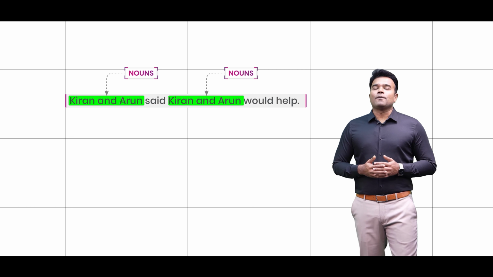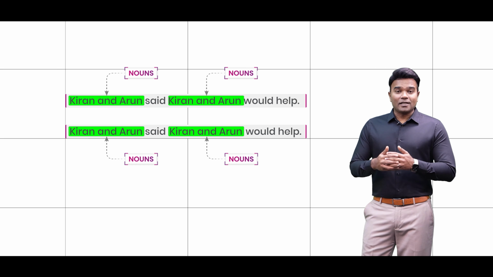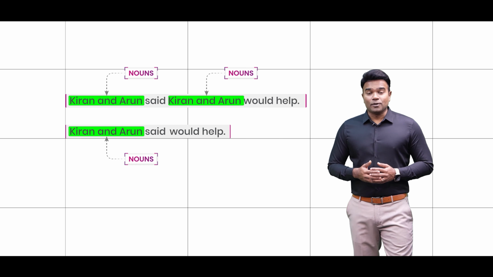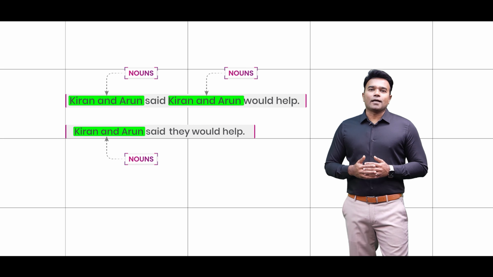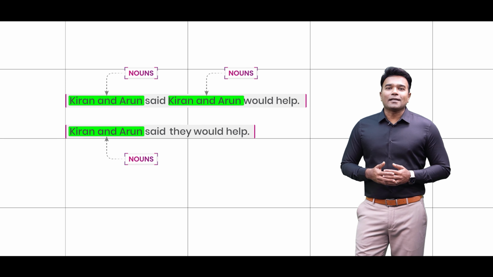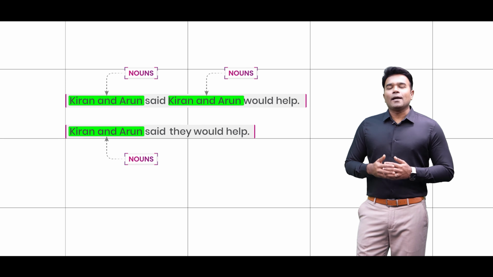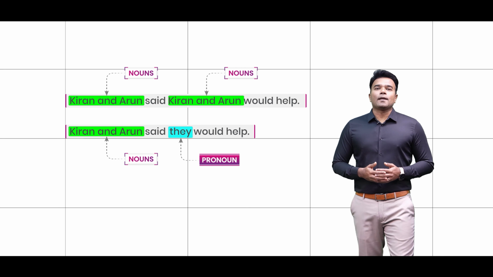All I have to do is take the same sentence and replace the second occurrence of the nouns Kiran and Arun with an equivalent word they. And now the sentence, Kiran and Arun said they would help, definitely is a more readable and simplified sentence. So here the word they that has been introduced is the pronoun.